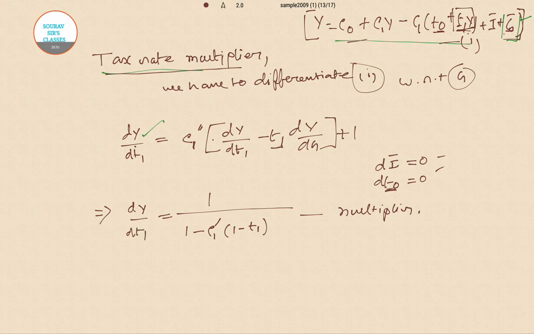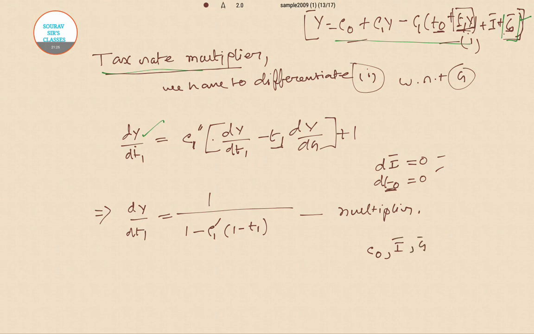As you can see, it will basically be 1 by 1 minus C1, because if you differentiate y with respect to T1 you will get this. So from here we can find the multiplier, which is dy by dT1, as this.